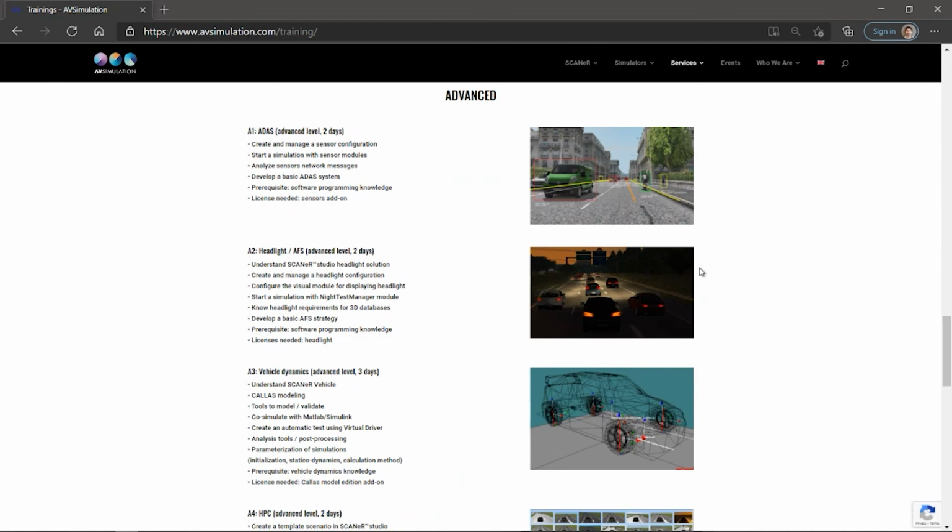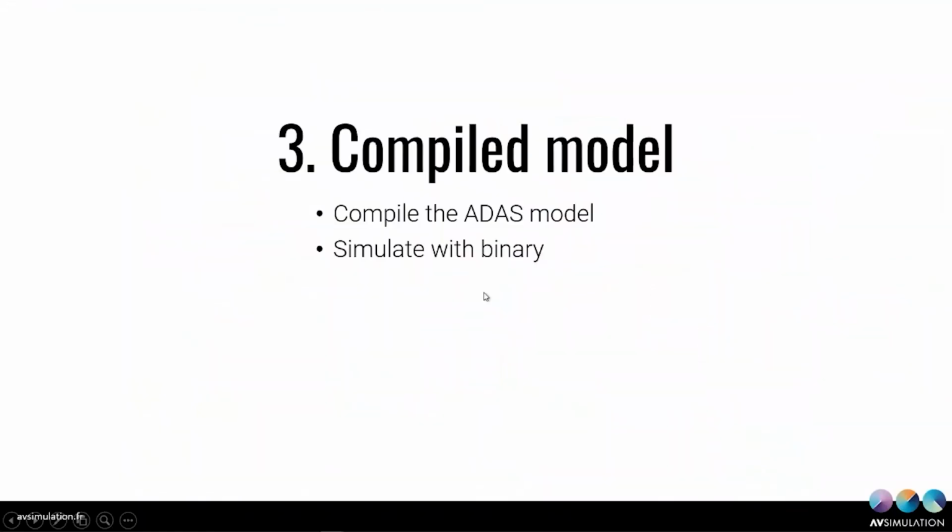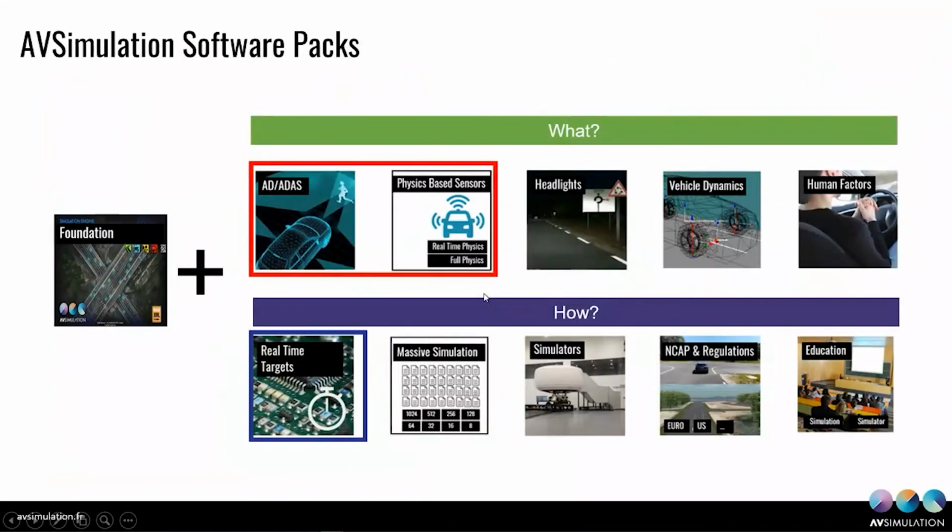You'll need the RT target spec. Very often there is an RT platform between Scanner and the ECU or whatever hardware there is, and we have the RT gateway that is included in the RT pack. So that's the real-time target spec here.